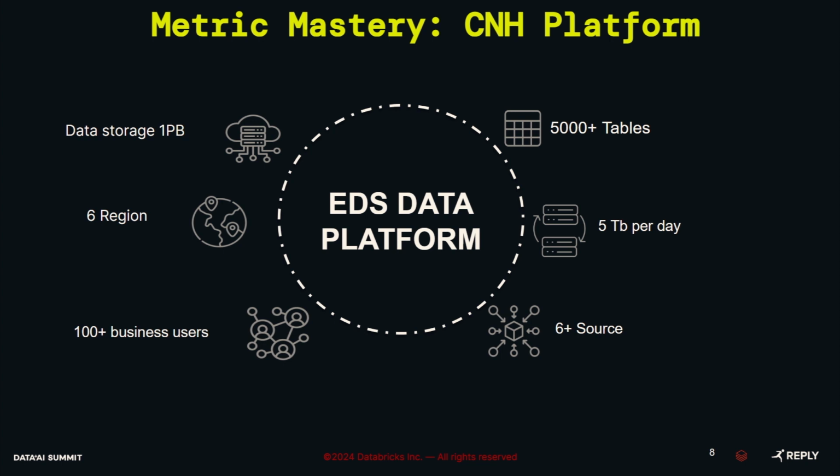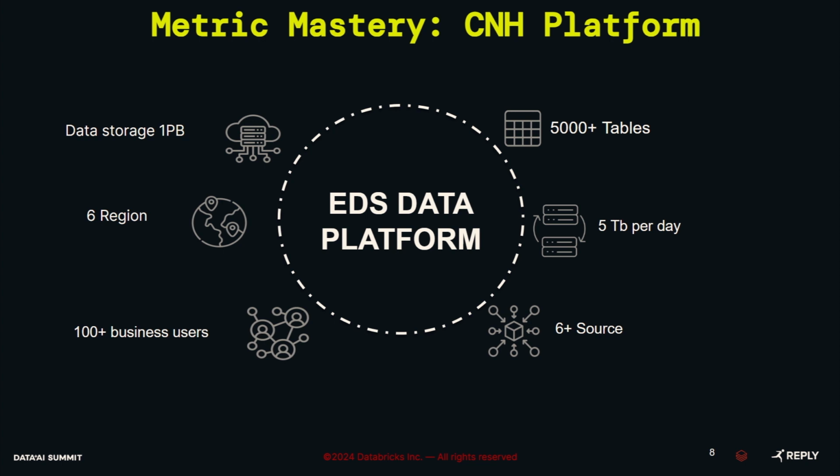About this data platform. The data platform involved in this speech is named EDS, Enterprise Data Store, and is the largest domain in CNH industrial context. It's responsible for managing and providing services to all CNH business units around the world, and is a critical part of CNH operation and play a vital role in the company's success.